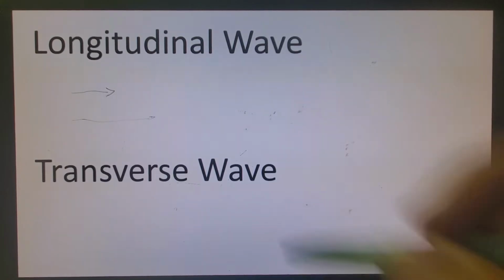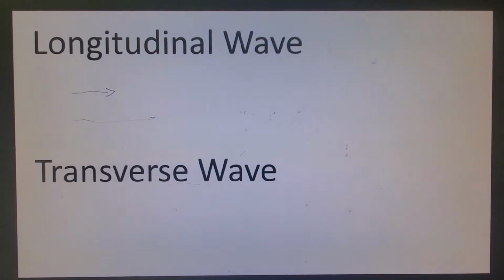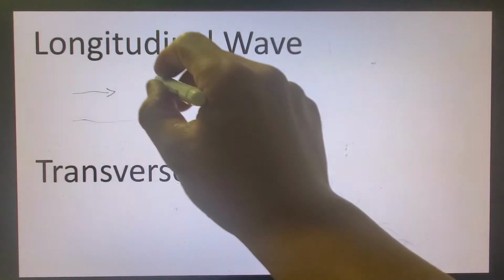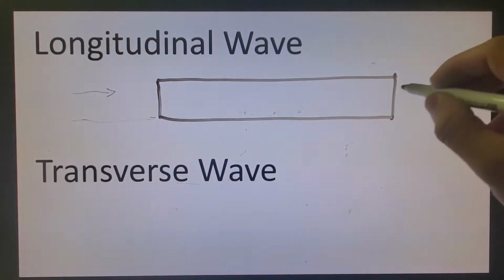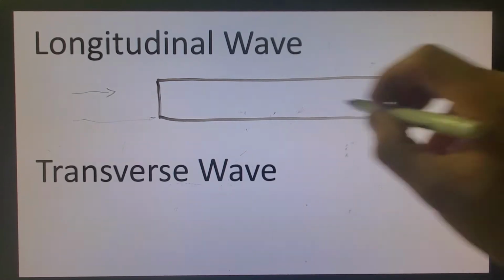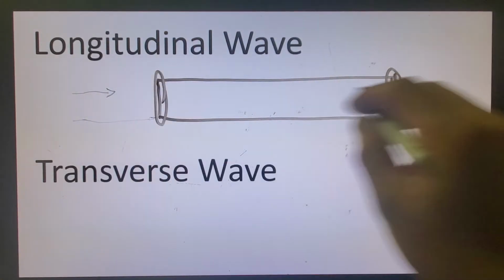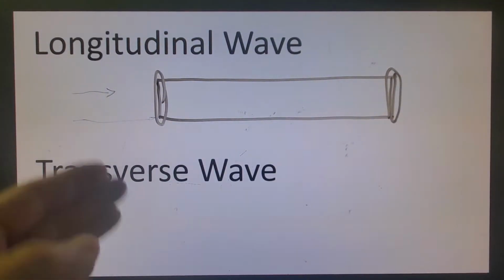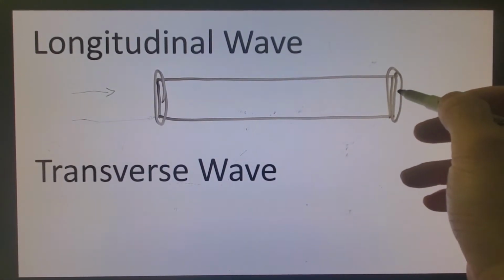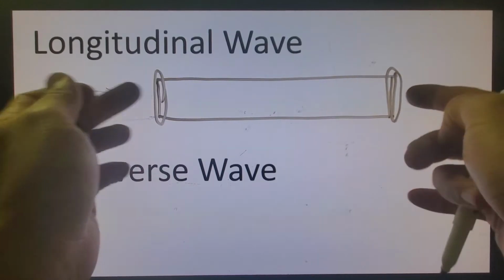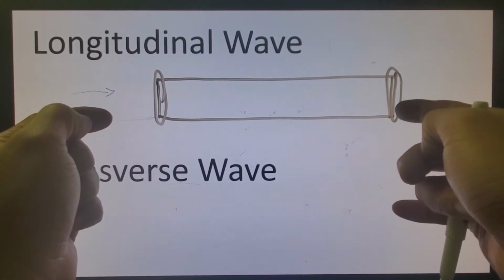For example, if you have a tube with water, let's say here's your tube, and you have a membrane on this side, you have a membrane on this side, you fill up this tube with water. So what you do is you push it over here. And if the tube is short, when you push over here, you can feel it on the other side already.